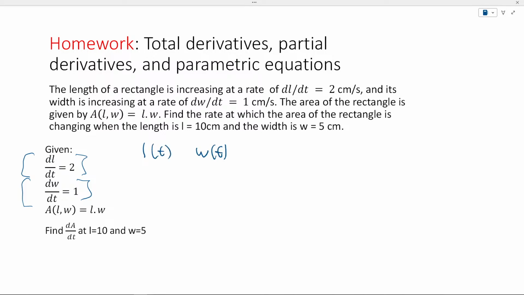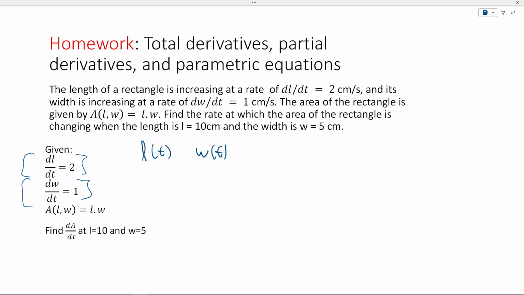So you can think of this as anything that's increasing with time, like a plume, for example, or a fire. So the area is length times width, so the area would be a function of time.